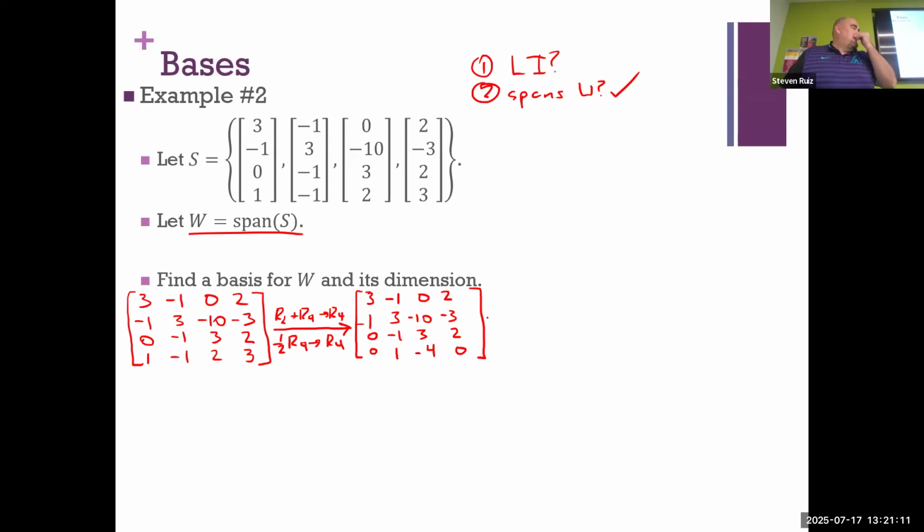Now what should we do? If we're reducing, what should our next milestone be? Get a 1 in the top row.